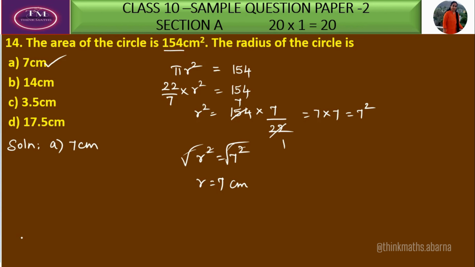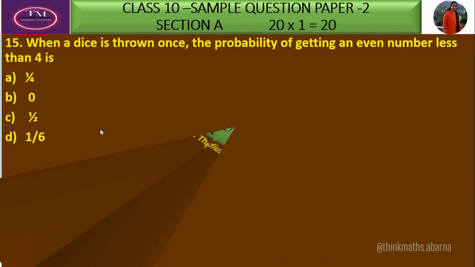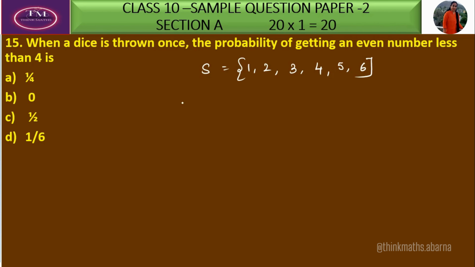Okay, children? So moving on to the 15th question. When a dice is thrown once, the probability of getting an even number less than 4. So when a dice is thrown, what is the sample space? We will get 1, 2, 3, 4, 5, 6. So here even number less than 4.